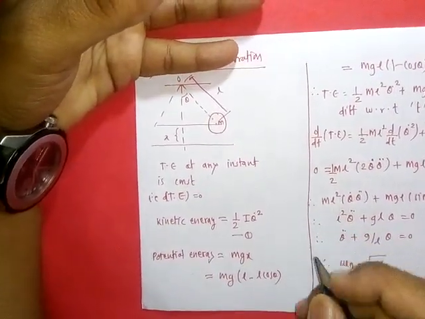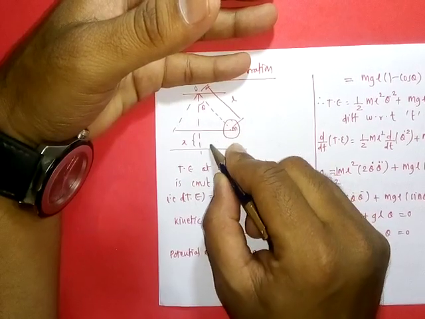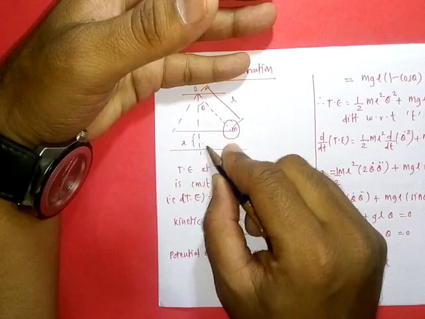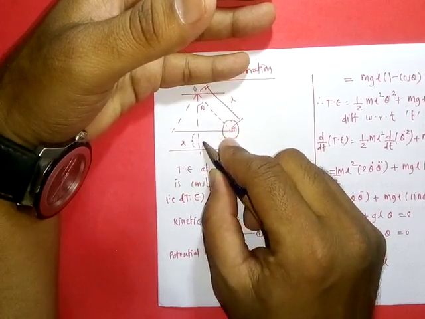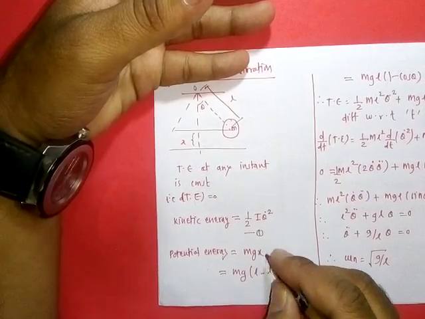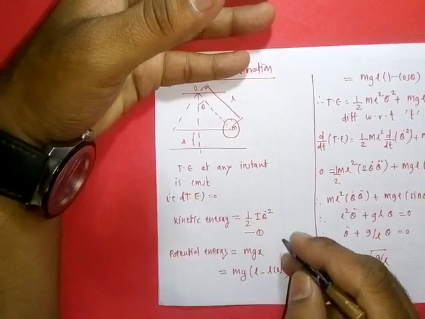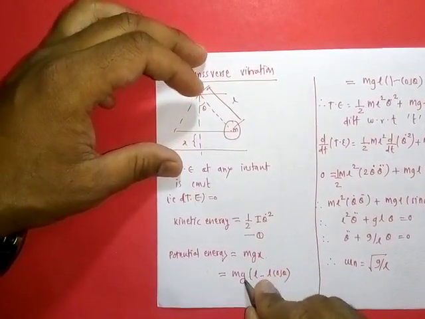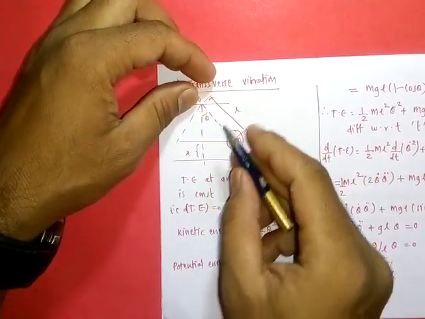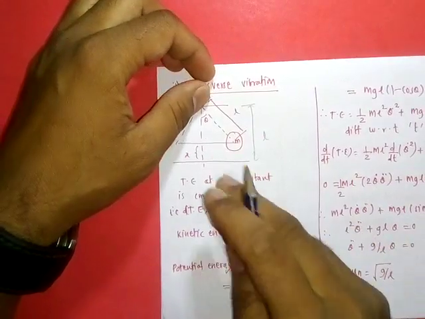Here when mass is displaced by some angular displacement, then vertical height is changed by amount x. So change in potential energy here is mgx. Here x is nothing but, this total length is L, because this is the length of our string.